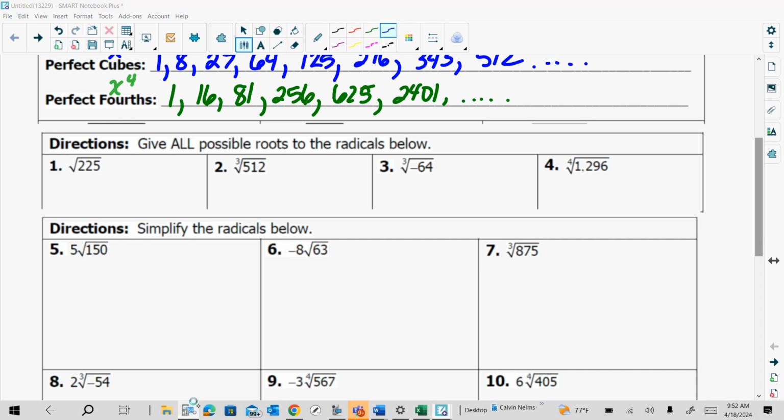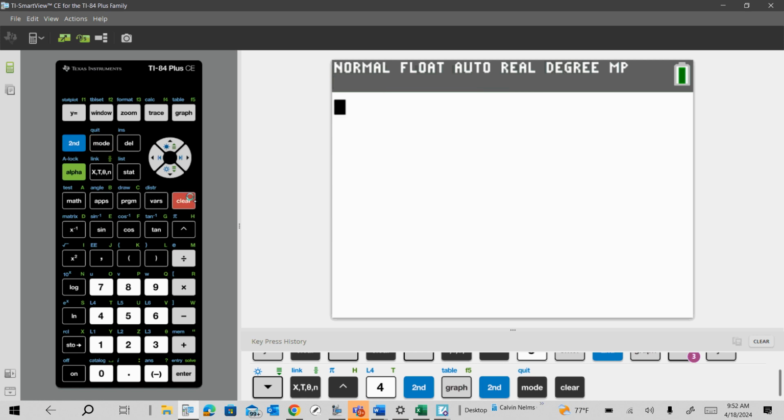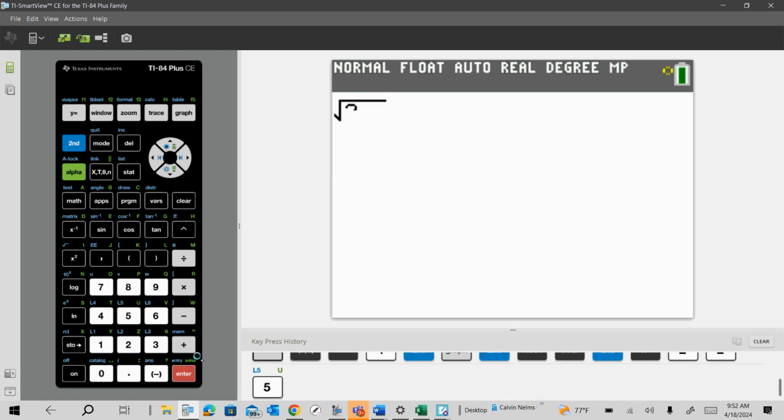So to recap that, let me clear this. To do the square root, you have to hit second and then x squared. Okay, and we're just putting that in, 225, hit enter. There is our answer, 15. Okay, if it's a perfect square, it should be a whole number answer.